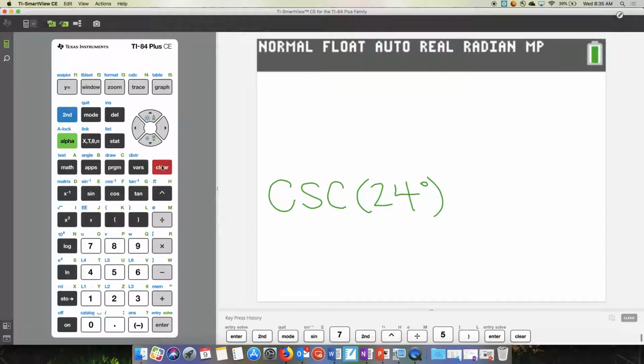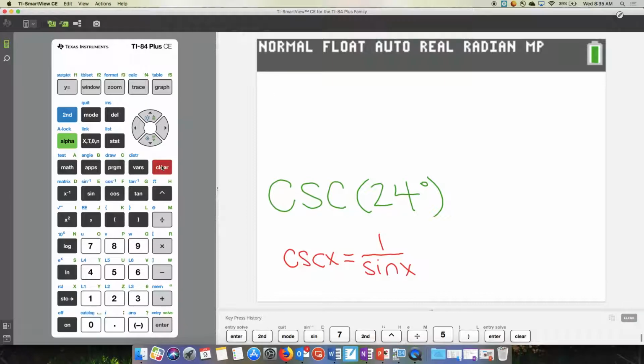cosecant. Do you see a cosecant button? Cosecant is not the inverse of, it is the reciprocal. I will remind you that the cosecant is the reciprocal of which function? Sine.